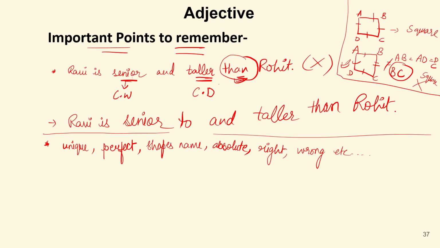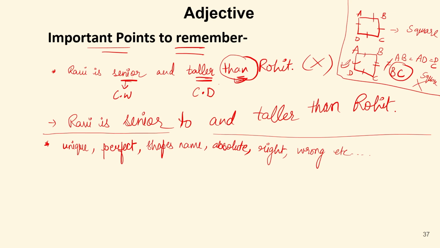If I say something is right, it means it is right. But if I say something is more right, what is more right? Right is right, wrong is wrong. There is no concept of something being more right or more wrong, because anything that is right is right and anything that is wrong is wrong.